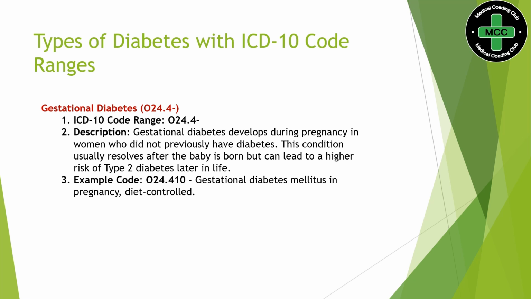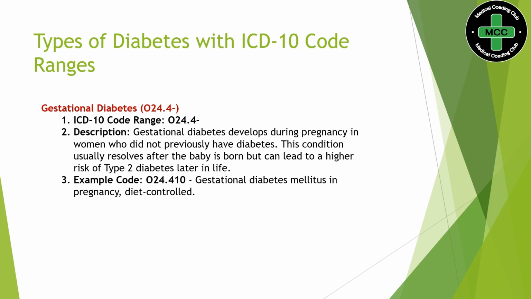Next type is gestational diabetes, which develops during pregnancy. That is a woman who did not have diabetes previously, but during pregnancy, maybe in her second or third trimester, she developed diabetes. Then it goes to gestational diabetes.